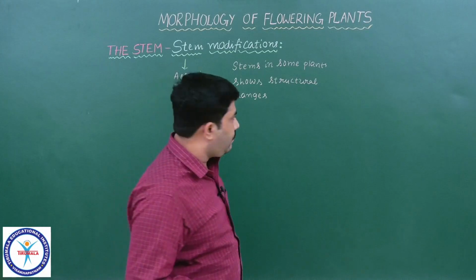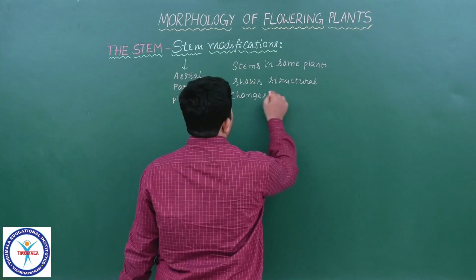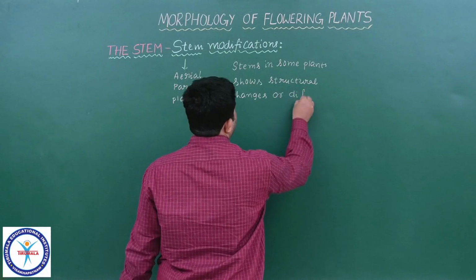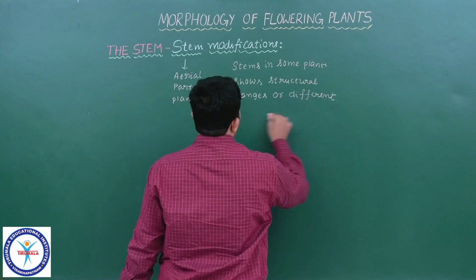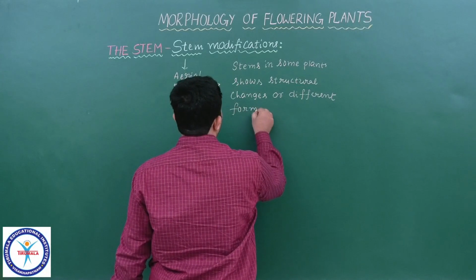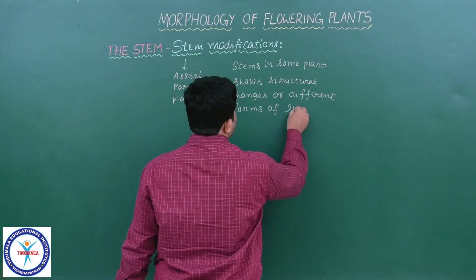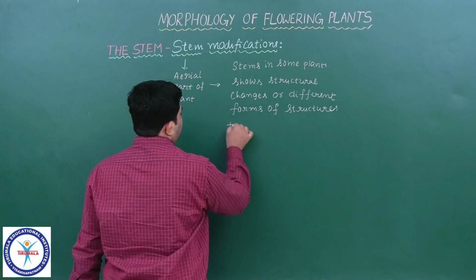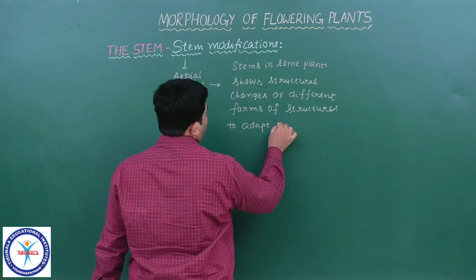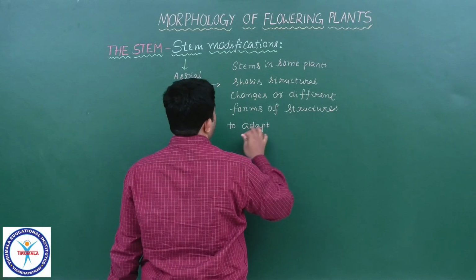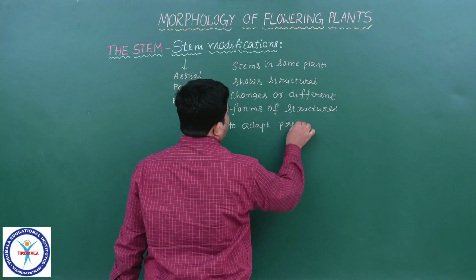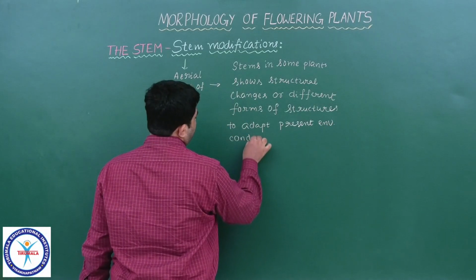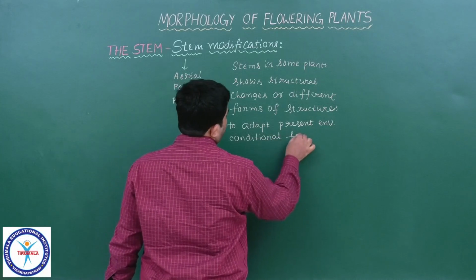For what? For better survival. So write: stems in some plants show structural changes or different forms of structures to adapt to the present environmental conditions, for the purpose of better survival.